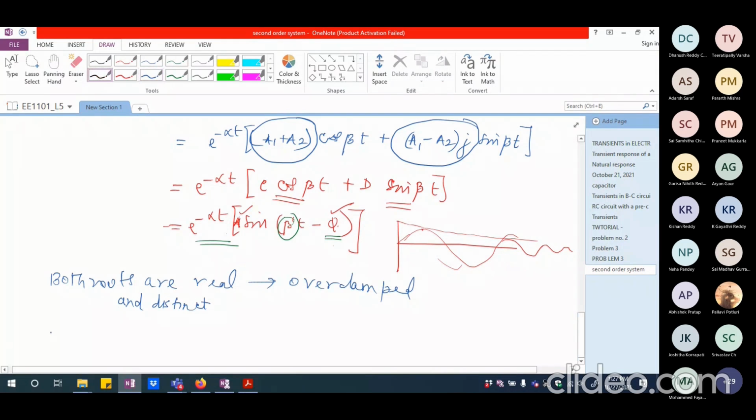Now we have a real root, but only one. In that case, we call this a critically damped response.